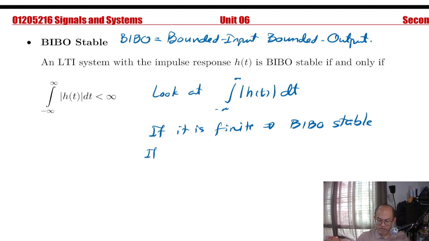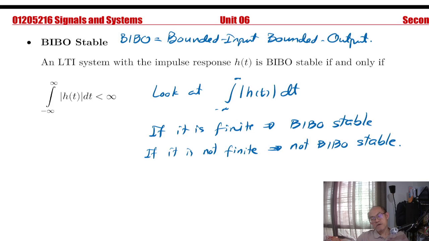But if it's not finite, if it is infinity or minus infinity, well, minus infinity is not possible because we have put the absolute signs around h, so it has to be just infinity, then it is not BIBO stable. So determination of BIBO stability is very easy. If you are able to do the integral, then you should be able to determine the stability of a system.